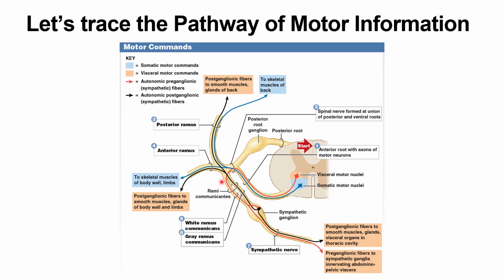What the term postganglionic means is simply that this is the information which has already gone through the synapse of information at the ganglion in the peripheral nervous system. That's all that really means. So we see the different colors of orange to black, but really it just means, is the information synapsed at the ganglion or is it not?